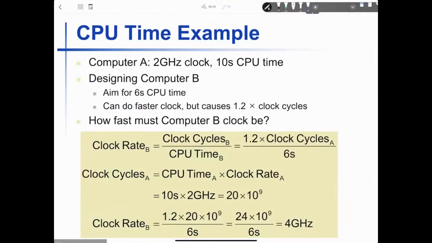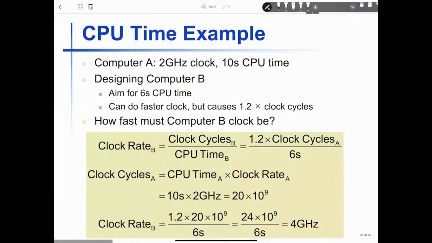So let's look at some CPU time examples.